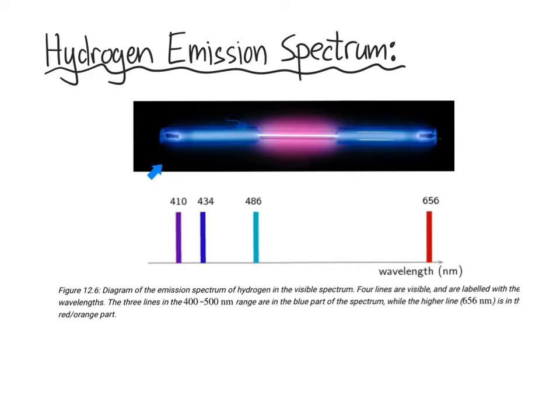A very high voltage needs to be placed across this so that a high current can flow through here to excite the electrons in the atoms of hydrogen, so that the electrons will move to a higher energy level and then drop down and give off very specific colors of light, giving off photons with very specific frequencies. Now recall that the frequency of a photon is related to the color that is observed.